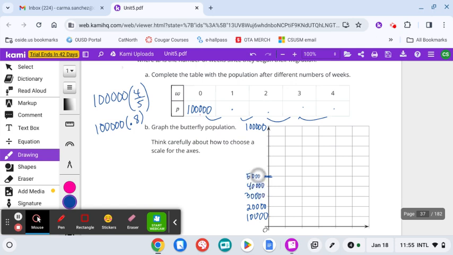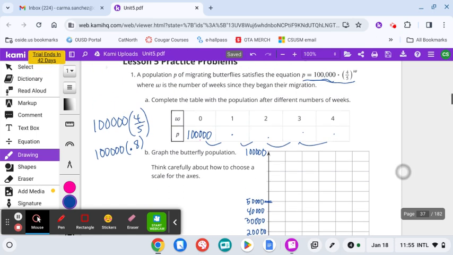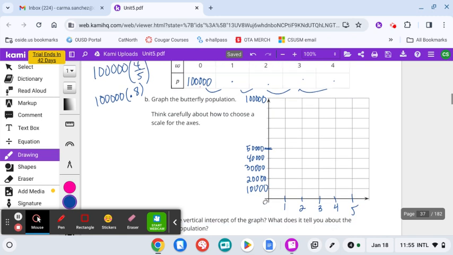And so on and so forth, okay? Along the bottom here, we're just going by 0, 1, 2, just counting by ones. And then we also need to label and scale the sides. So the label would be W, and over here's the population P, wherever you want to put that.